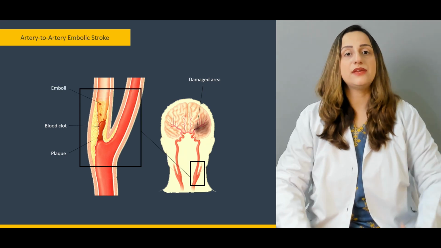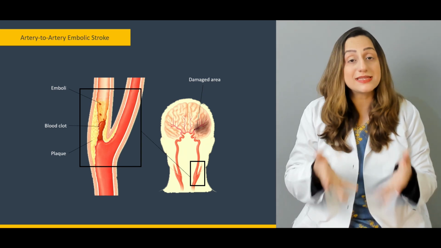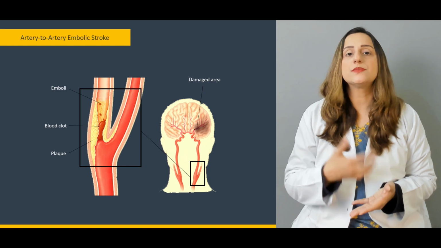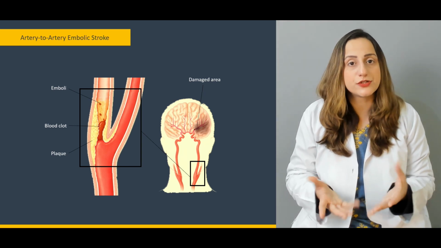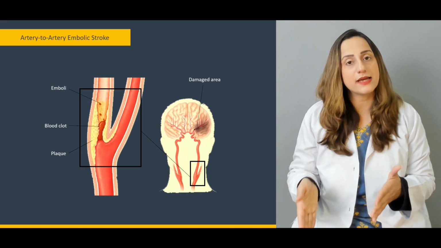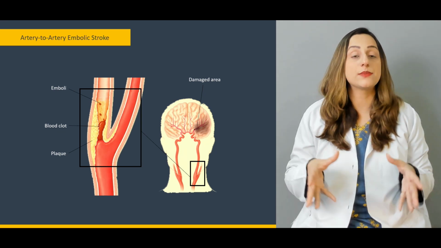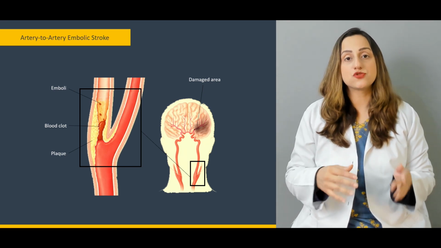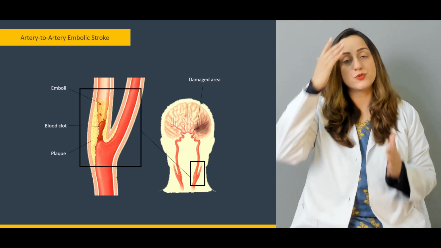Small-sized emboli can even travel to the brain vasculature. If it's a very small-sized embolus, or a blood clot that can resolve over a period of time, usually the patients suffer from transient ischemic attacks rather than a complete ischemic stroke. So it's very important when you define a transient ischemic attack that you know what we're dealing with.